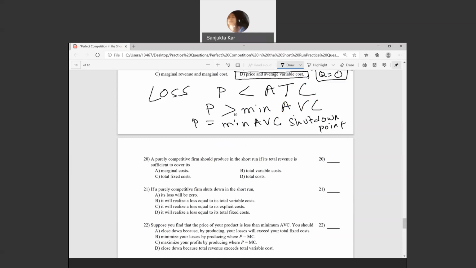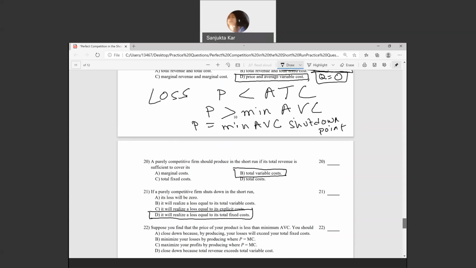Question 20. A purely competitive farm produces if its total revenue is sufficient to cover the total variable cost of production. Question 21. A purely competitive farm shuts down in the short run. Question 21 is D, if it realizes a loss equal to total fixed cost.